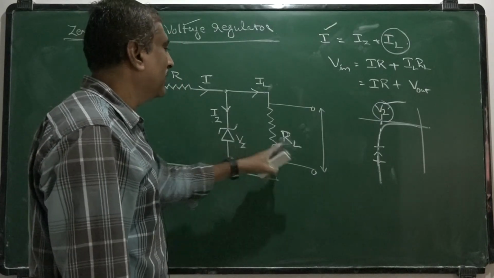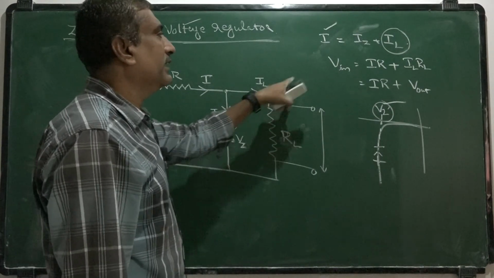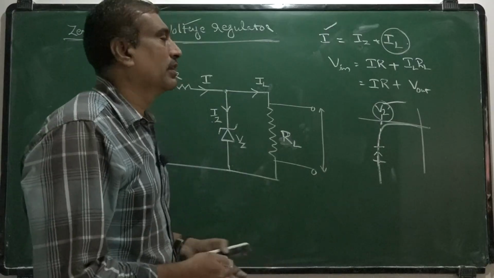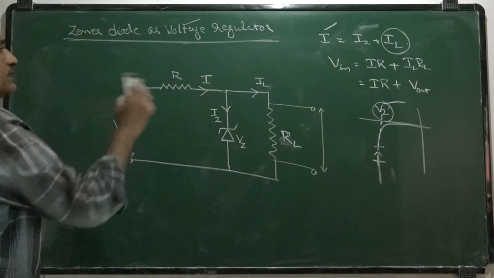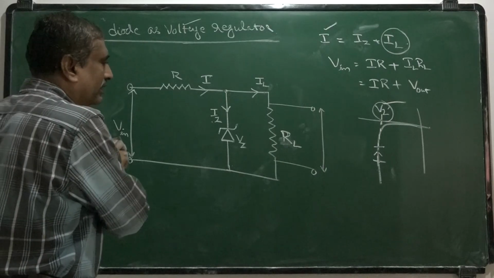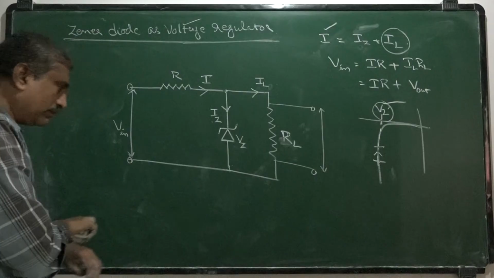Similarly, if RL decreases, IL increases, which is compensated by IZ. In this way, the circuit works as a voltage regulator, even with variations in input or variations in load.